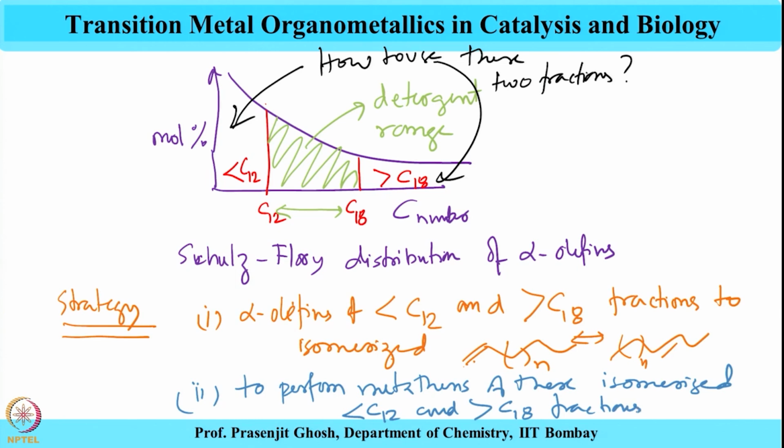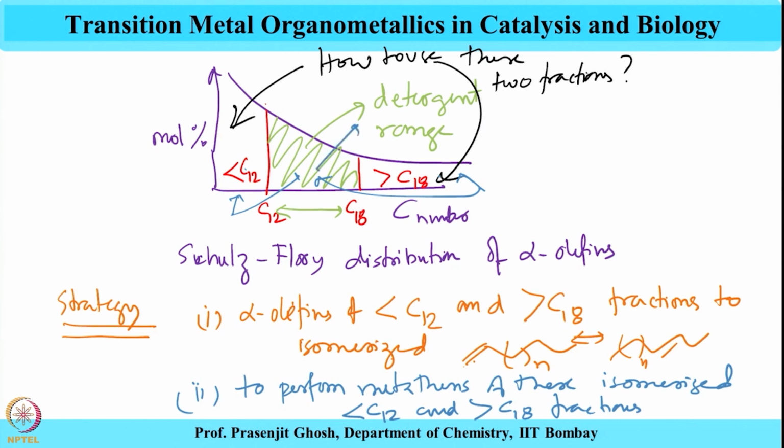Now, the idea is that if metathesis is done on these two fractions, then they would give products which would be in this range, and again that can be used for detergent purpose.